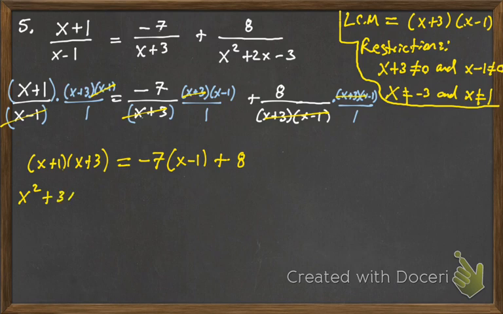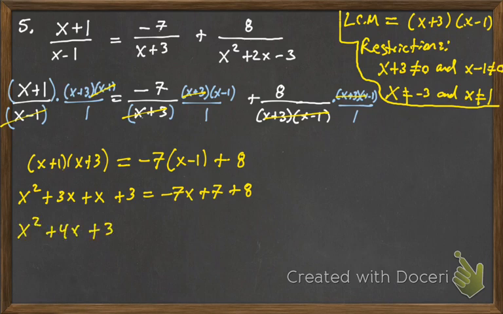What we'll need to do now is on the left-hand side, we'll need to FOIL. On the right-hand side, we'll distribute the minus 7. We'll collect like terms, so x squared plus 4x plus 3 equals minus 7x plus 15.